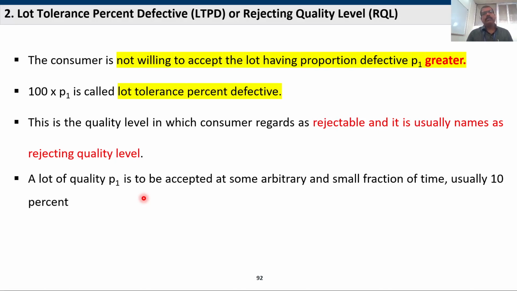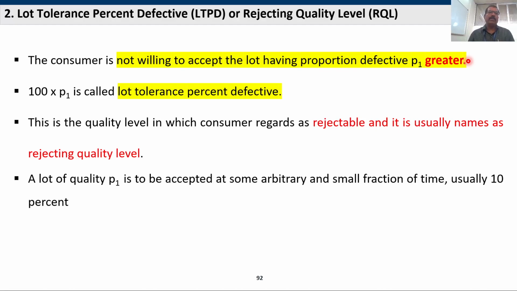The second one is lot tolerance percent defective, LTPD, or rejecting quality level. The consumer is not willing to accept a lot having proportion defective greater than P1. So if you are setting the proportion of rejection at 0.05 or 5 percent, above which you get the defective percentage, then you are not ready to accept.